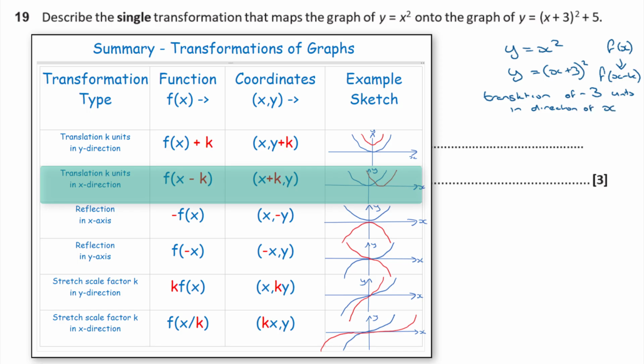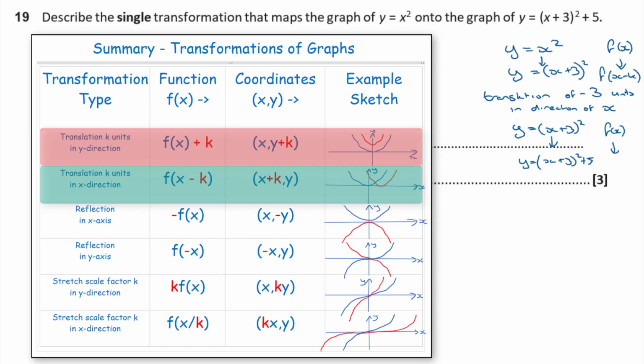Okay? Now, once I do that, if I translated it 3 units to the left, and then I take my y is equal to (x plus 3) all squared, and it goes to y is equal to (x plus 3) all squared plus 5, then that is a second function, f of x going to f of x plus k outside the bracket, where k is 5 in this case.